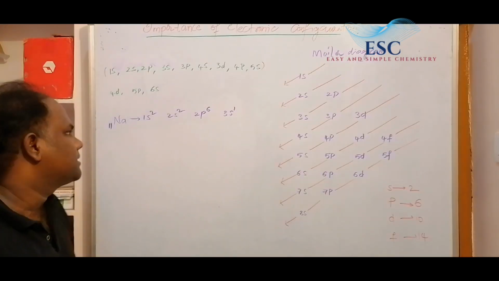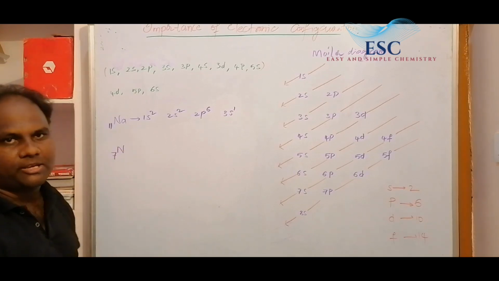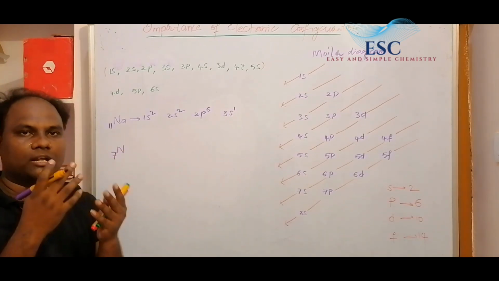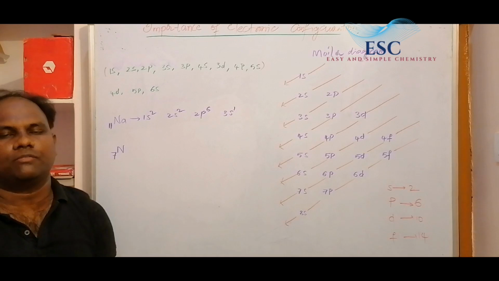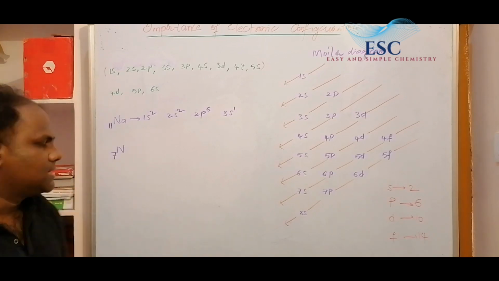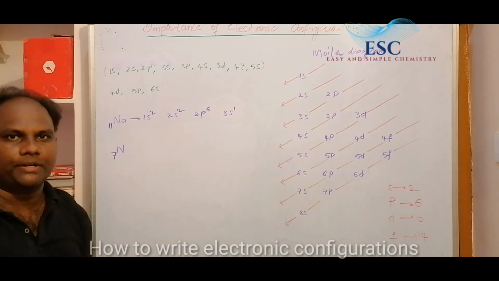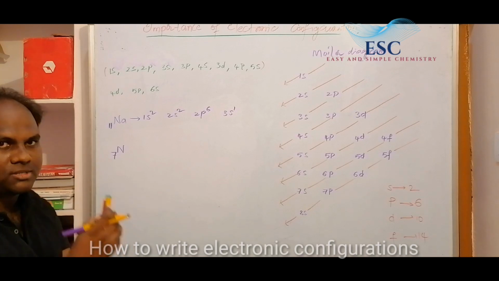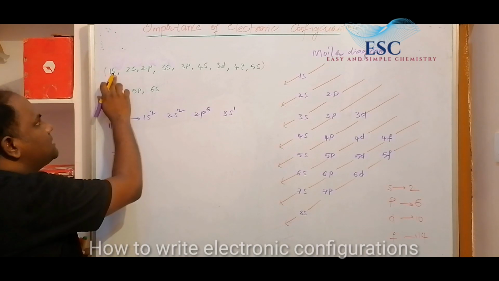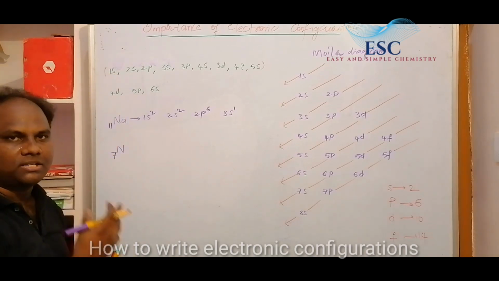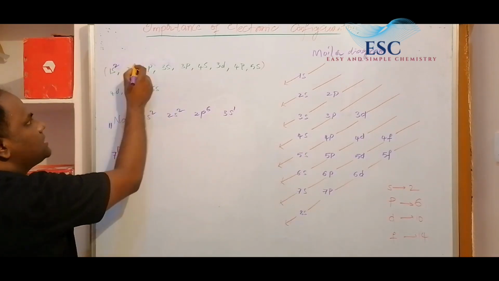Another example is nitrogen. The atomic number of nitrogen is 7. Atomic number 7 means 7 electrons or 7 protons, but in the electronic configuration we write only the number of electrons. We split these 7 electrons into orbitals. First the s orbital takes only 2 electrons, and another s takes 2 electrons.